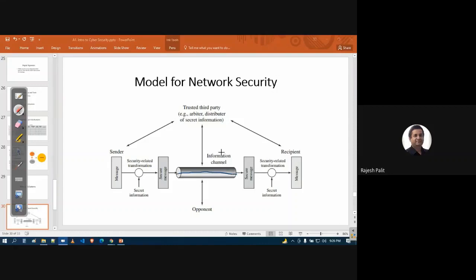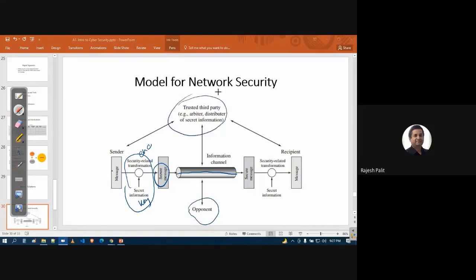But before sending over the information channel, they secure the message. They encrypt the message using some security-related transformation, say a key and the encryption. From the message they produce the secure message, which is propagated through the information channel, where you have the attackers or opponents, and also the trusted party.